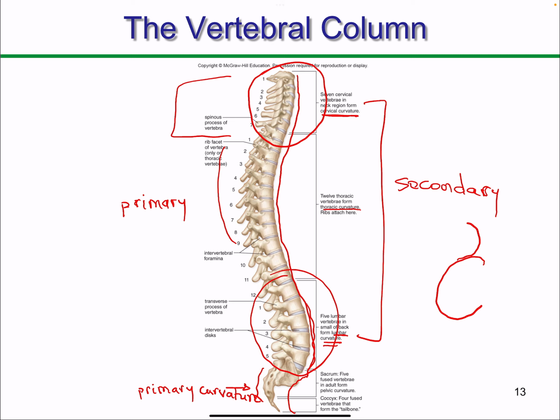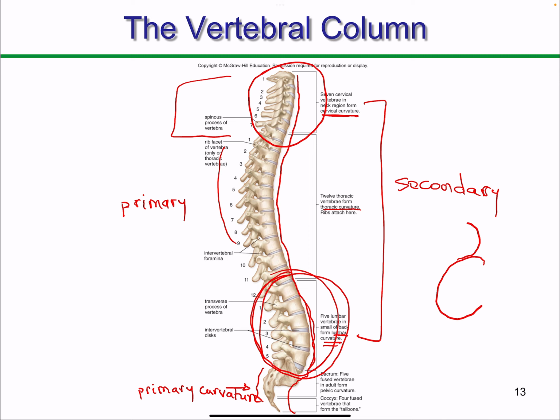The lumbar vertebrae are going to take a bunch of that weight, and under the pressure of the weight, you're going to have that secondary curvature develop, forming the lumbar curvature as a secondary curvature. All right? So please remember these different things.